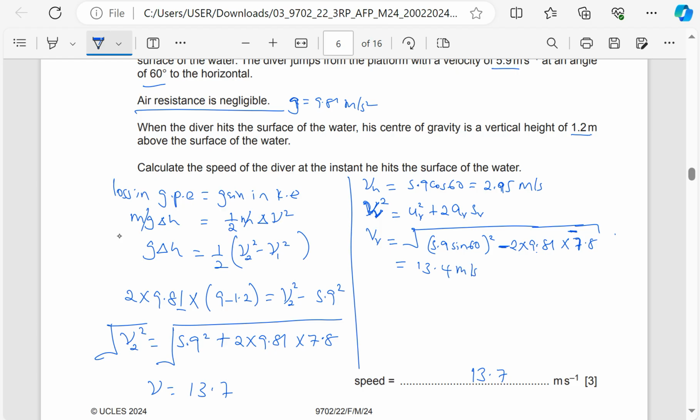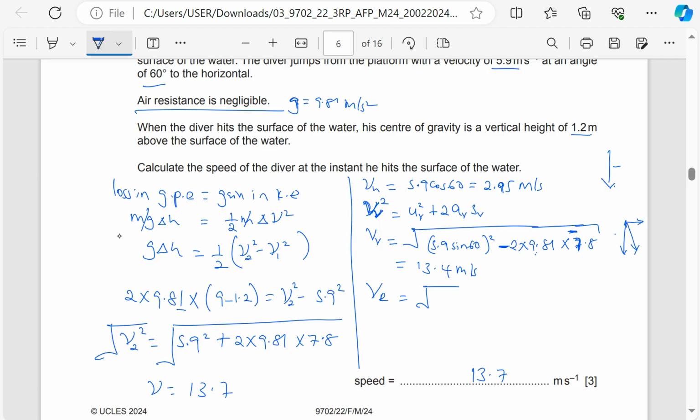Note that this minus is because g is a negative since it moves at an angle above the horizontal. Then this negative here is because the displacement was below the point of projection, so the displacement is negative. So then we find the resultant velocity from Pythagoras theorem. We have a velocity in the vertical downwards and velocity in the horizontal. Then we need the resultant.